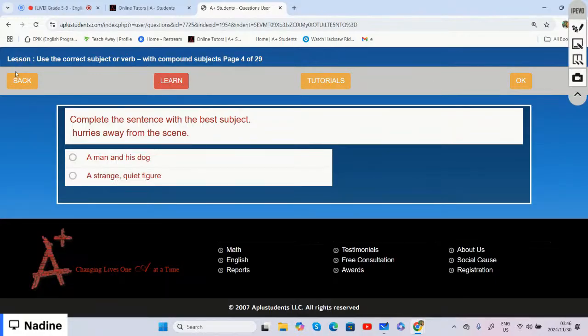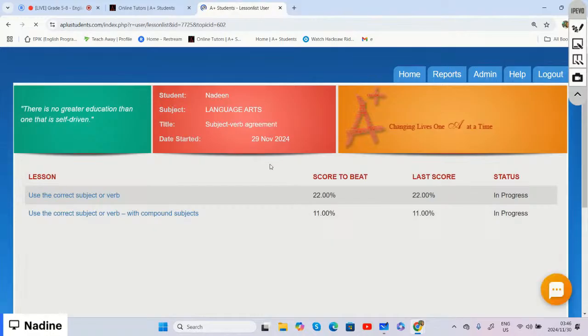All right, so this is now the end of our lesson on subject verb agreement. We said that our subject in a sentence needs to agree with the verb in a sentence. If our subject is singular, right, and it refers to one person, animal, place, or thing, then our verb needs to agree with our subject and it either ends in s, es, or ies.